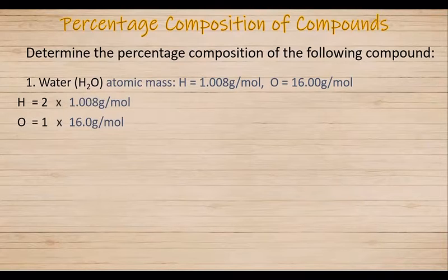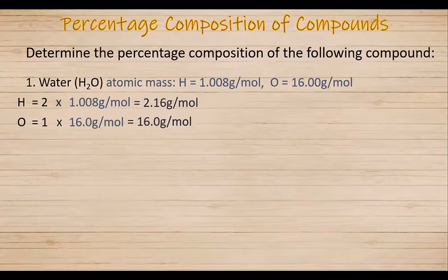So, we will multiply the number of atoms of hydrogen, which is 2, to its atomic mass, which is 1.008 gram per mole, and that will be equal to 2.16 gram per mole. Then, if we're going to compute the product of the number of atoms of oxygen, which is 1, to its atomic mass, which is 16.0 gram per mole, it will be equal to 16.0 gram per mole.